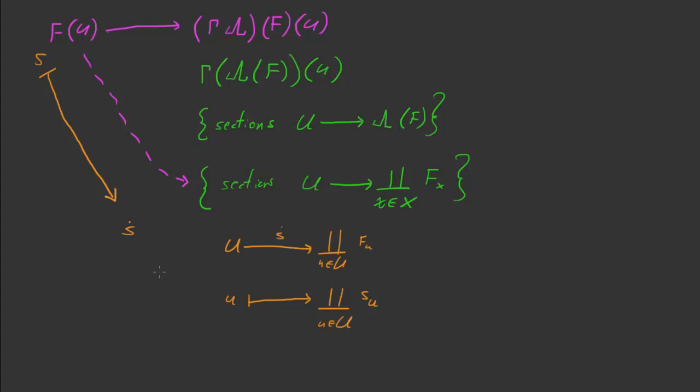That's what this map is. So shorthand, s maps to s dot. All I've done here is remind you what s dot is, but I'll probably put a backlink in anyway. Okay, so we've defined what this map is, and I claim that it's going to be an isomorphism.